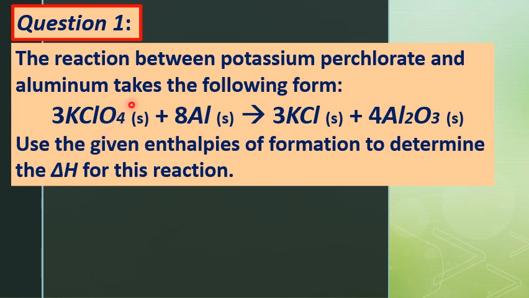Let us now answer the first question. The reaction between potassium perchlorate and aluminum takes the following form. 3 moles of potassium chlorate, which is in solid form, reacts with 8 moles of solid aluminum, forming the products 3 moles of potassium chloride, which is in solid form, and 4 moles of aluminum oxide, also in solid form.